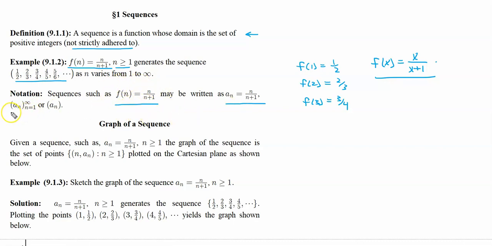Or you might see the sequence written as a sub n as n goes from 1 to infinity, or you may not even see the 1 to infinity included. It might just be written like this, or like that. So there are some different notations for sequences.